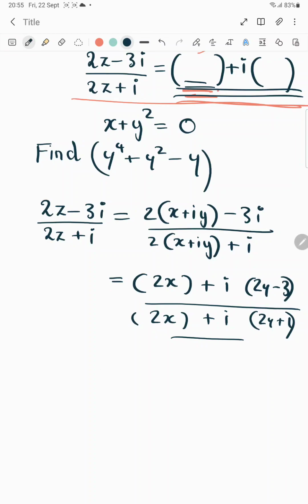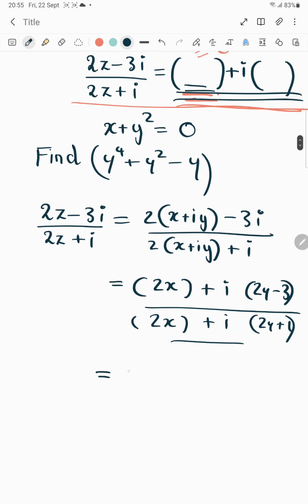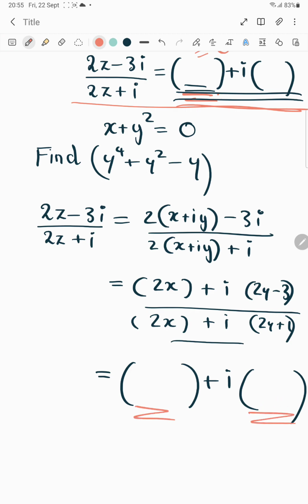By dividing these two complex numbers, I want to finally write the result as something plus i something. In fact, I don't even have to find the imaginary part, because it's given that the real part is 0 after all. So when you divide complex numbers, how do you find the real part?